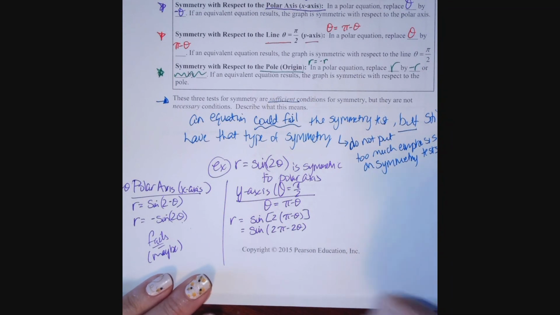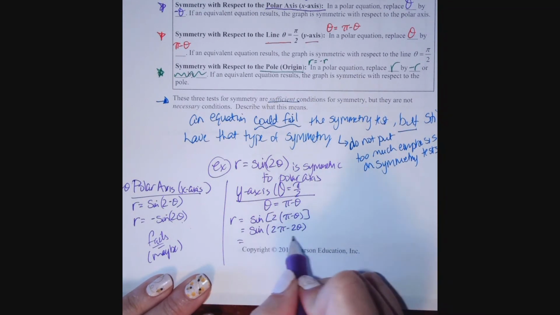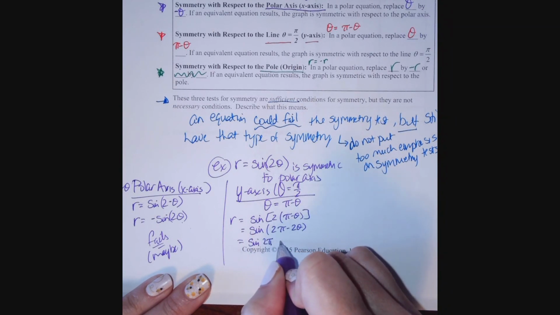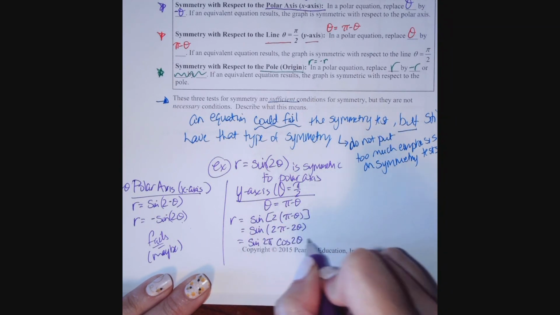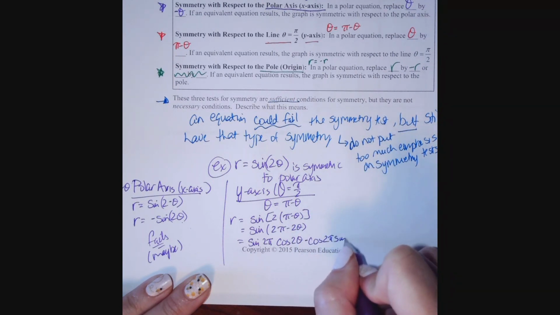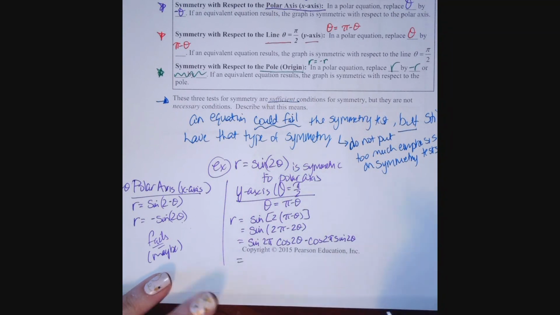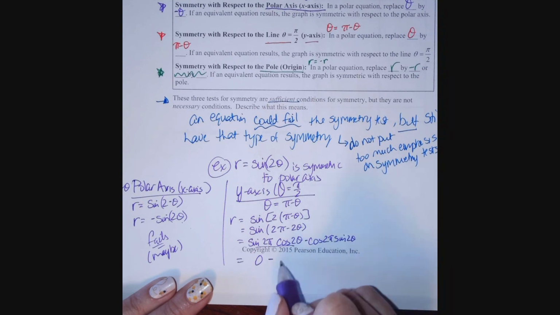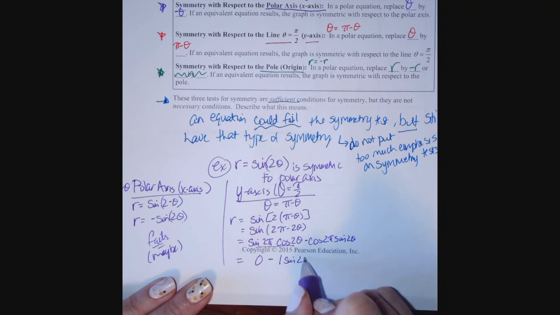So I need to pull out my identity sheet and say, okay, well, the sine difference is going to be sine of 2 pi cosine 2 theta minus cosine 2 pi sine of 2 theta. And then I plug in everything I know. I know that the sine at 2 pi is 0, so this first product is 0, minus cosine at 2 pi is 1, sine of 2 theta.